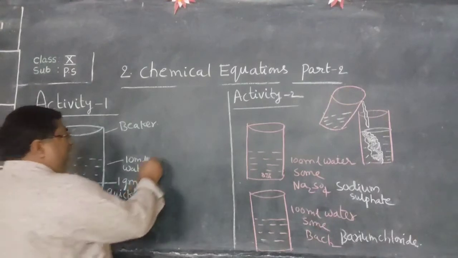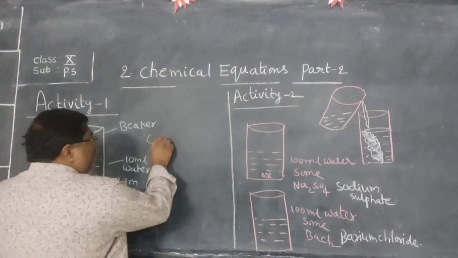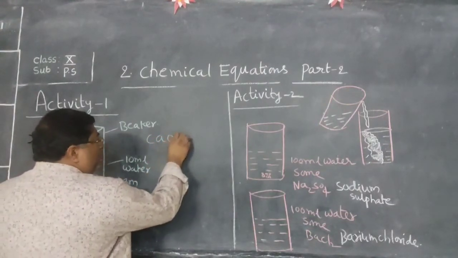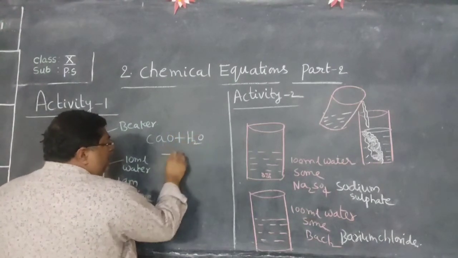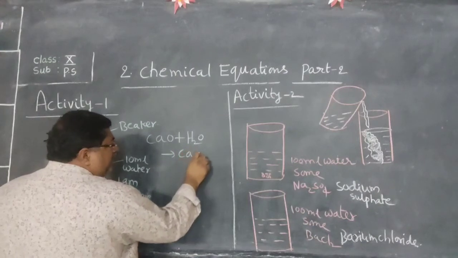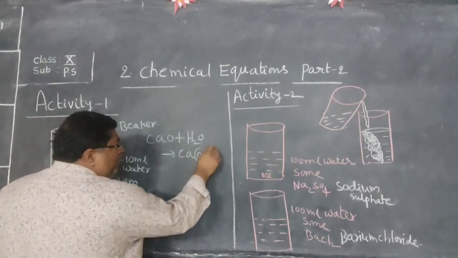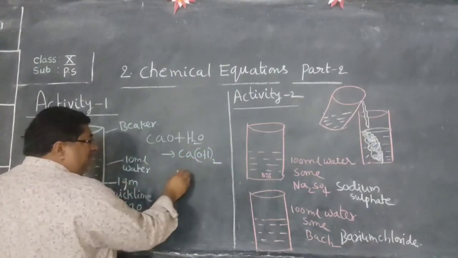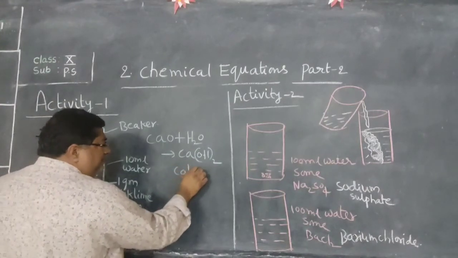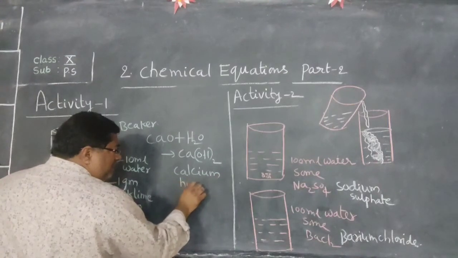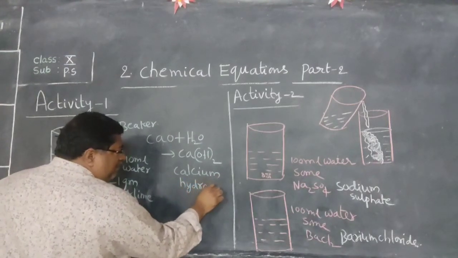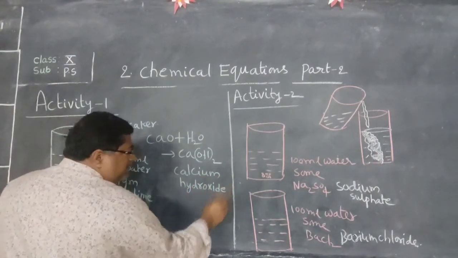Now the reaction is: quicklime, formula CaO, plus water, formula H2O, gives rise to Ca(OH)2. This is called calcium hydroxide.